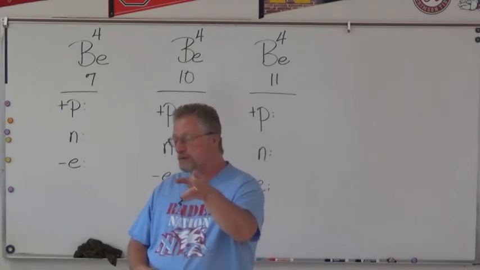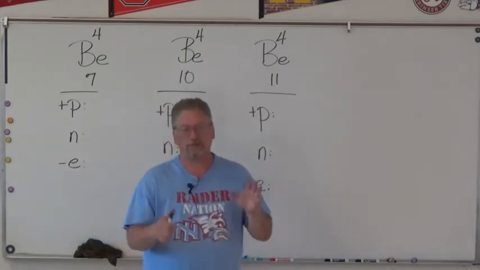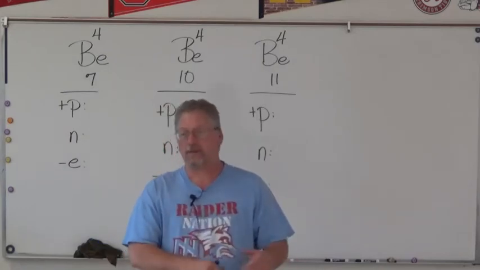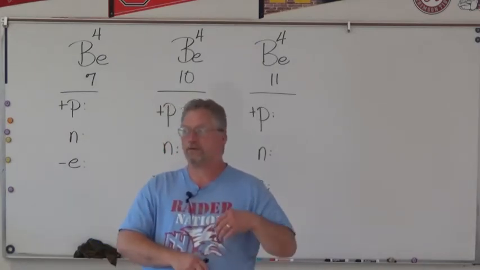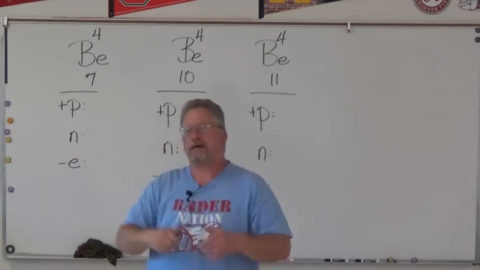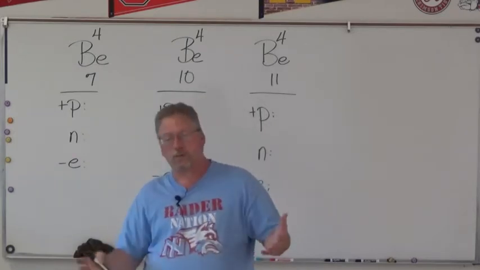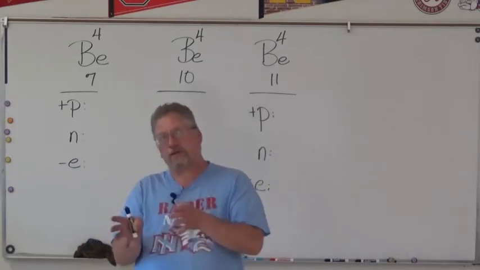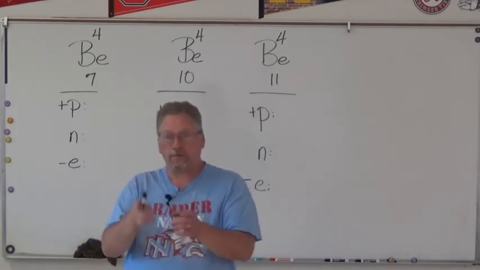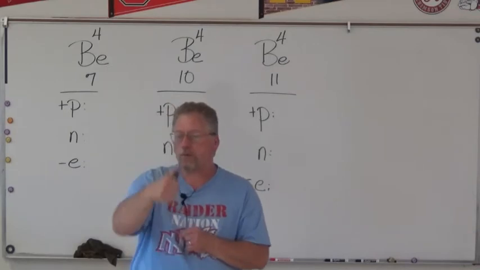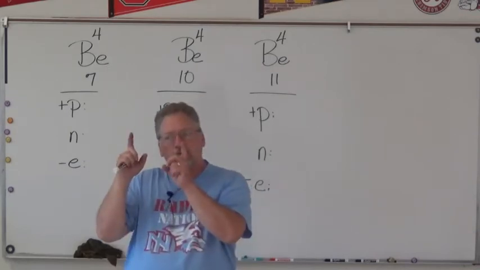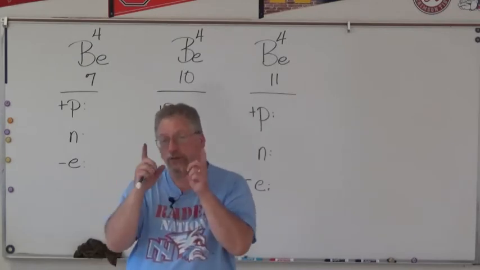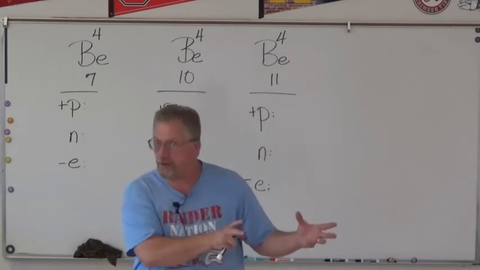Last time we were together, we talked about how to find the number of protons, neutrons, and electrons so that we could figure out future reactions, chemical properties, all that kind of stuff. The number one rule of thumb was that the number of protons determines which element it is.